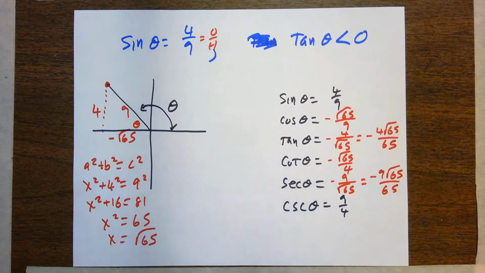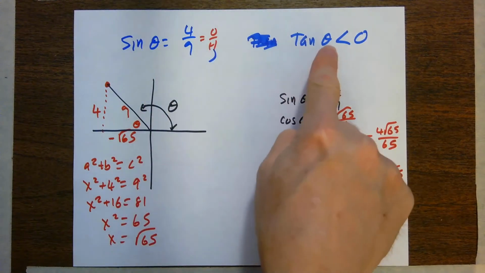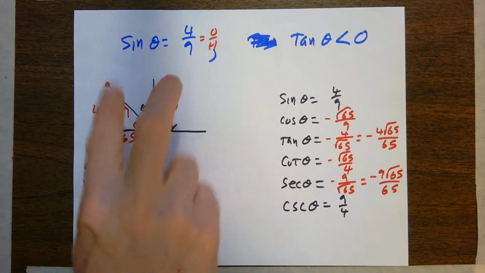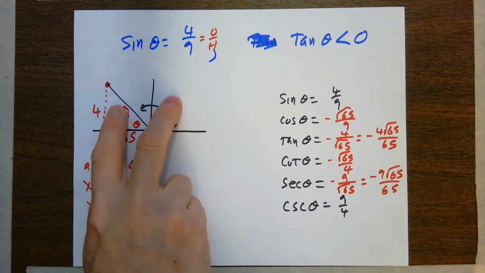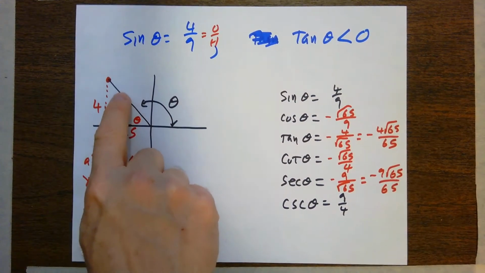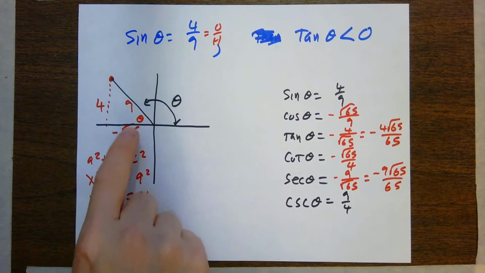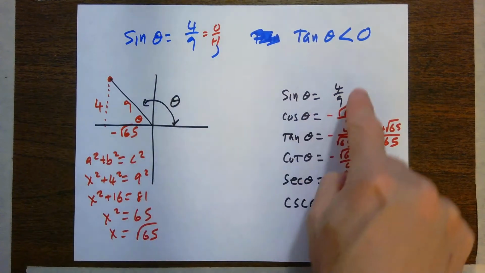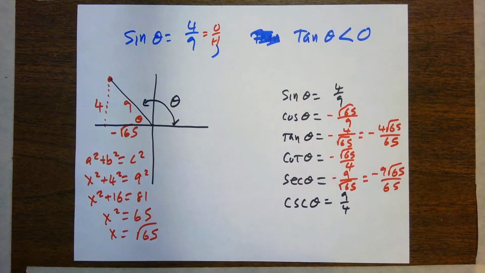And there they are. Now notice I couldn't have done that until I knew this, because sine is positive in both of those quadrants. But the fact that tangent's negative means that it had to be a second quadrant angle, and then use the Pythagorean theorem to find the missing side, and then I can find all that other good stuff there.